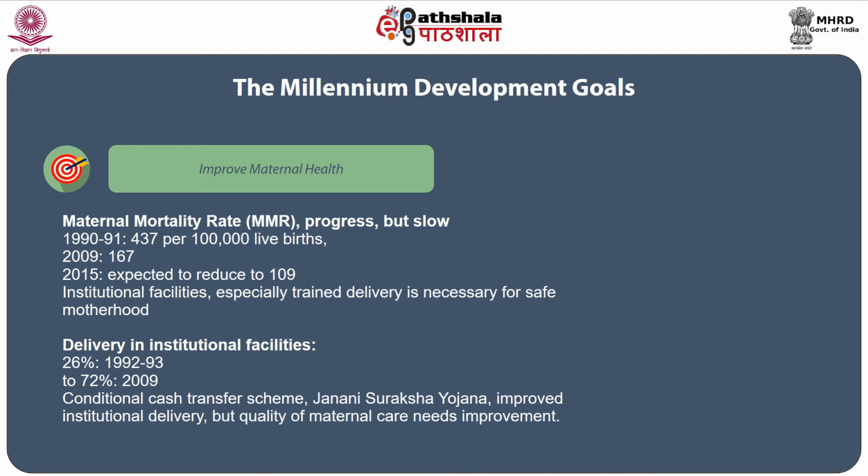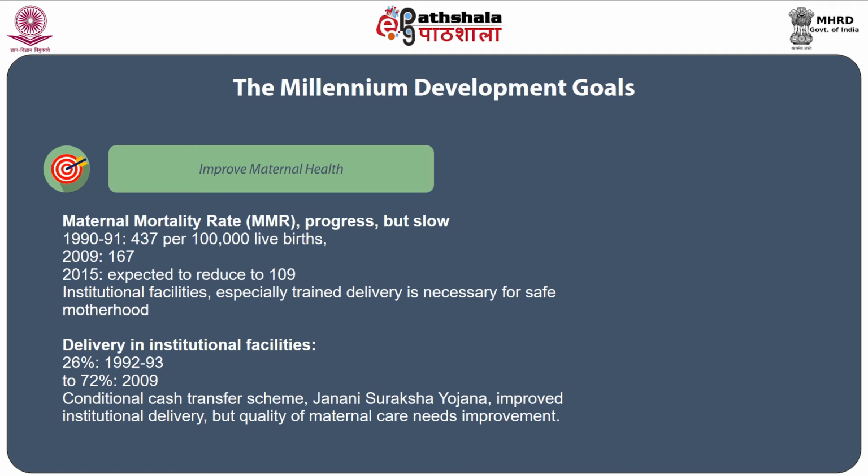Institutional facilities, especially trained delivery, are necessary for safe motherhood. Deliveries in institutional facilities have no doubt improved from 26% in 1990-93 to a great extent of 72% in 2009.